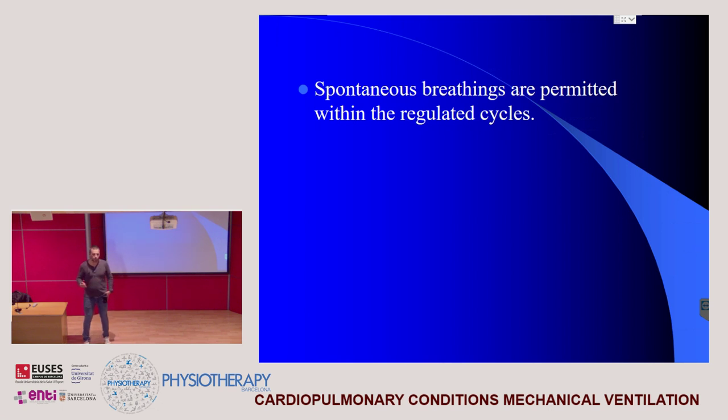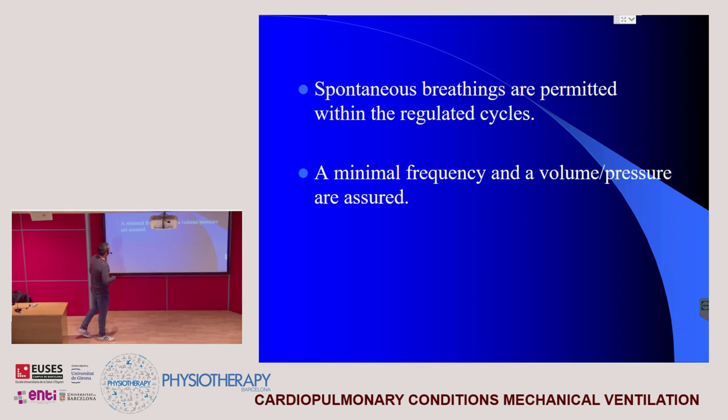That system allows spontaneous breathing, but within the regulated cycles. So we will also set a minimal frequency or respiratory rate, but in the middle of those cycles, the patient is able to perform spontaneous breathing. It will not be sufficient, but because we have that, we will be assured.